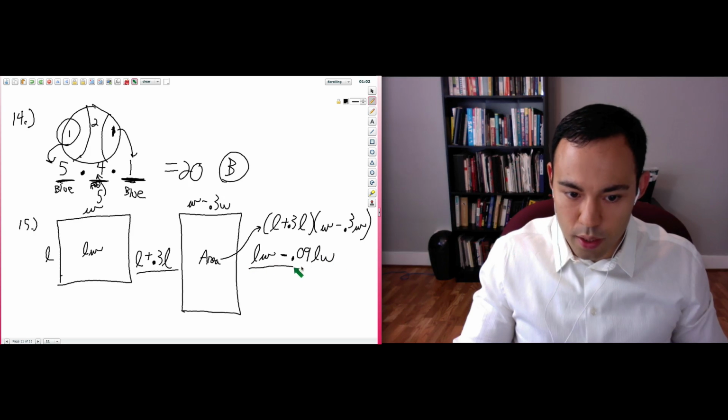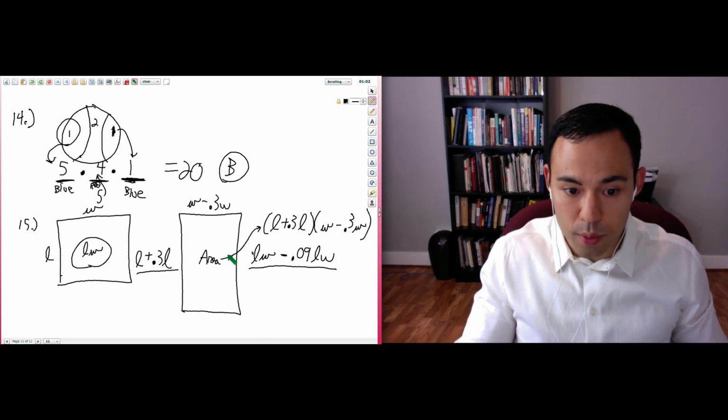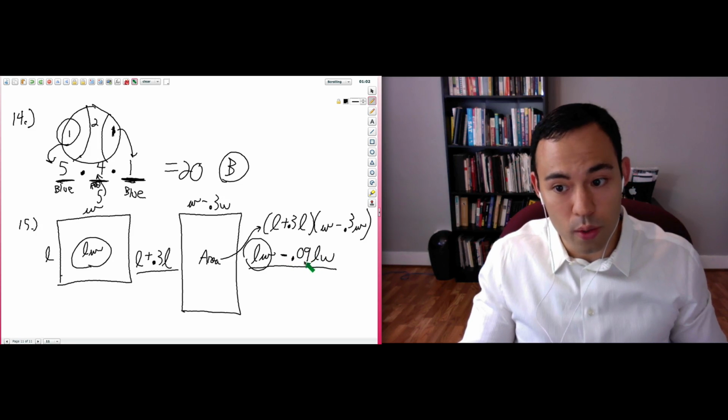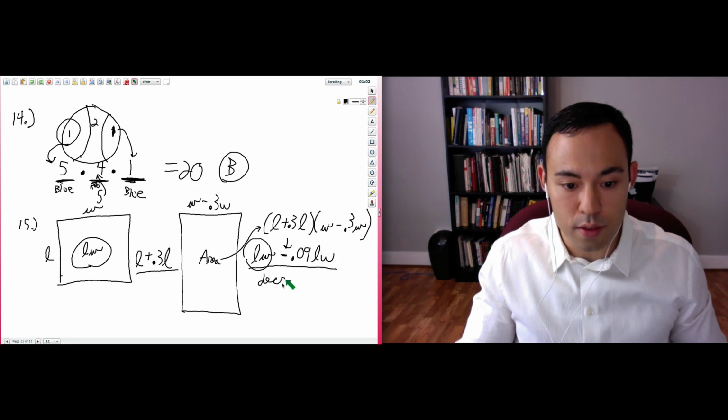Look at this algebraic expression. LW is original area minus what's 0.09 in percentage, 9%. And is it increasing or decreasing? It's a decrease of 9% in the area.